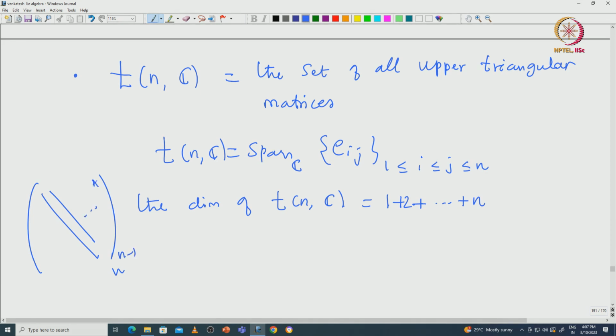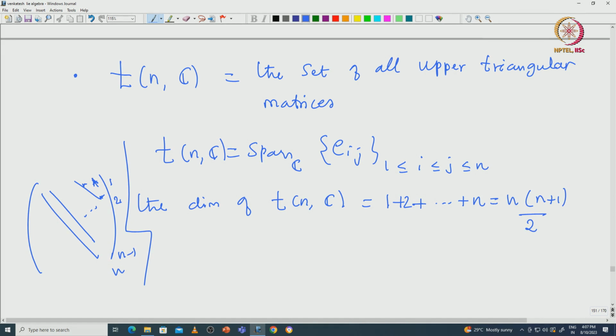Then you hit the last off diagonal, which contributes 2, and then the corner, which contributes 1. So you get 1 plus 2 plus etcetera plus n, which is n(n+1)/2. This is the dimension of this Lie algebra.